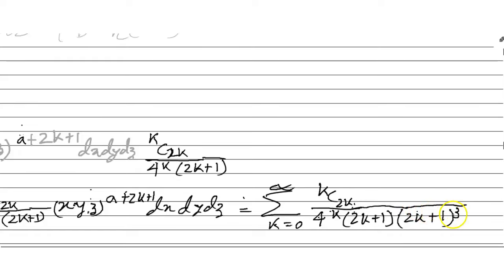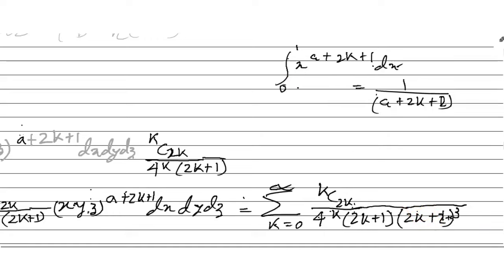Plus 2 whole cube, sorry, 2k plus 2 plus a whole cube, as the integration of x to the power a plus 2k plus 1 from 0 to 1 dx is equal to 1 by a plus 2k plus 2. This is the formula.